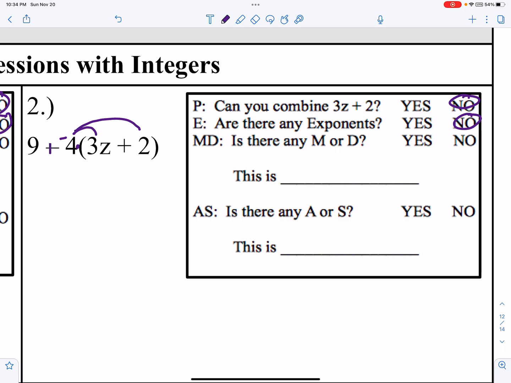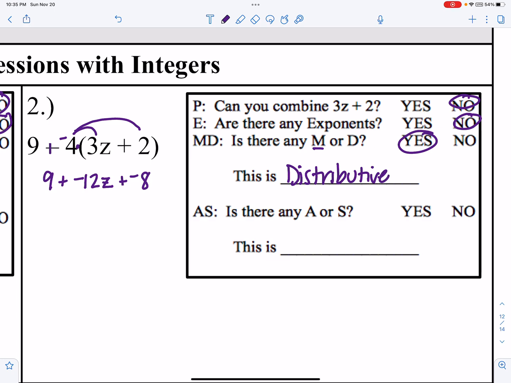Okay, and when you do that, we have our 3 times a negative 4 is negative 12. And be careful writing your z so it doesn't look like a 2. Sometimes people put a little slash through there. And then plus negative 4 times 2 is negative 8. And then we have our 9 plus that we can bring down. Oh, we forgot to say yes, there's multiplication. This is distributive.